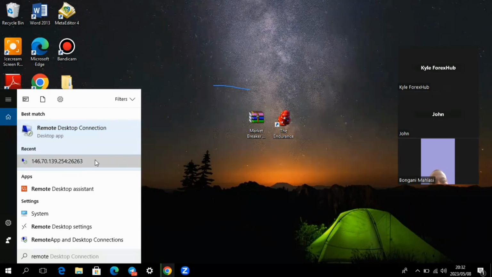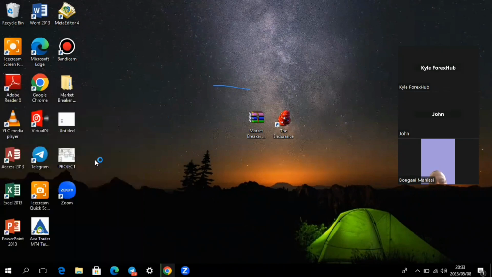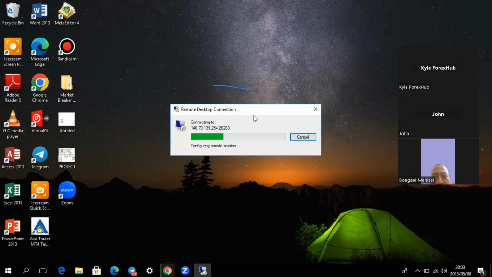There you go. If you may notice, the first thing I do is I do not use my robots or indicators on my normal computer. I only use my own computer if I'm coding or trying to fix something with the EA. Whatever else I do, I run on my VPS.